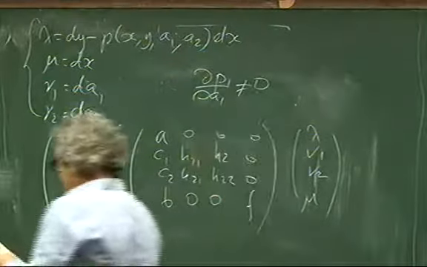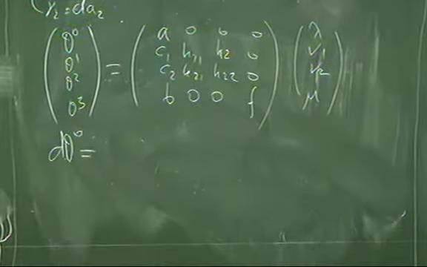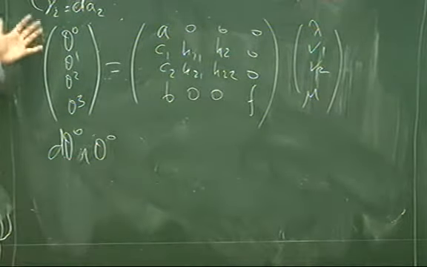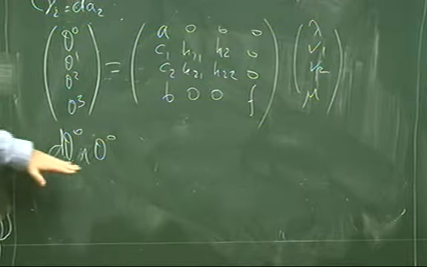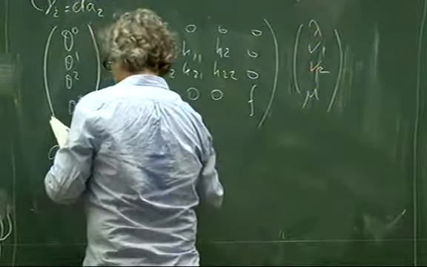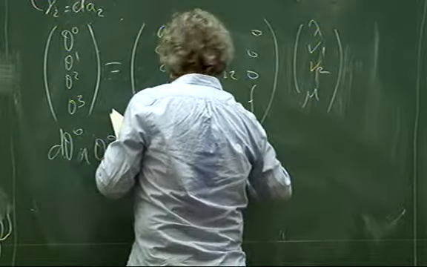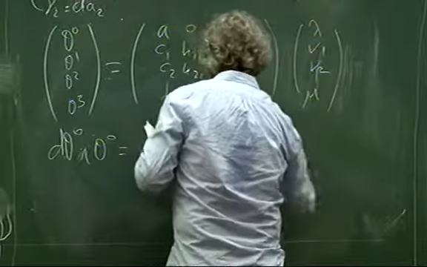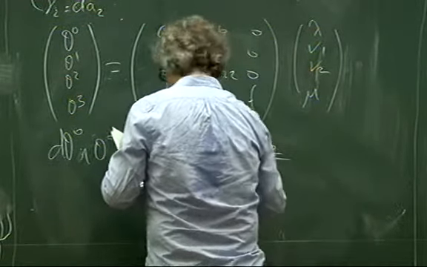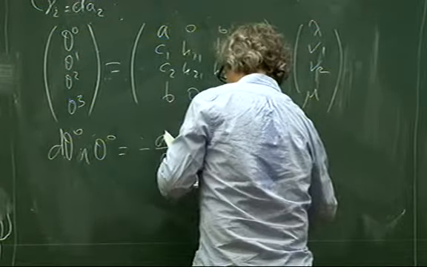And now I can just calculate the derivative of theta 0, wedge with theta 0. Now this theta 0 form is a sort of geometric form, and I can just calculate this thing. When calculating, I obtain something like this, again by means of Mathematica, which is a very good tool, complementary to the very much advertised Maple.